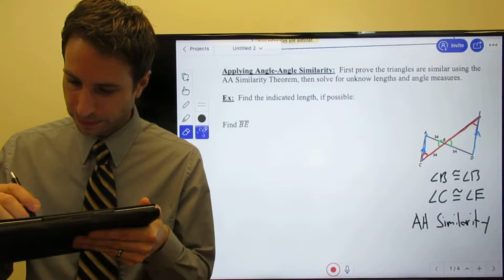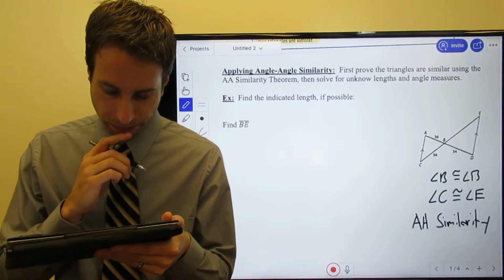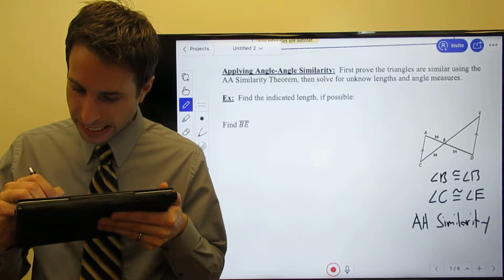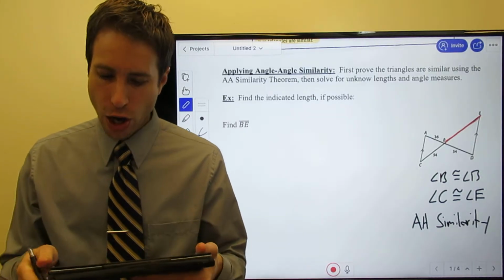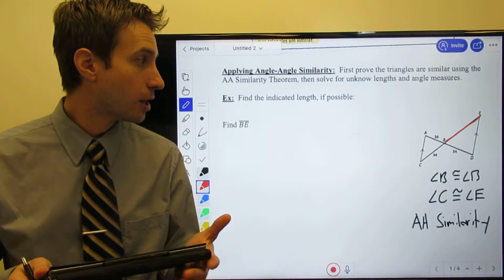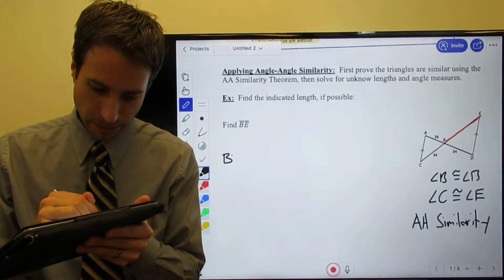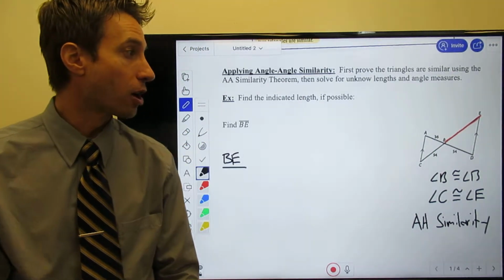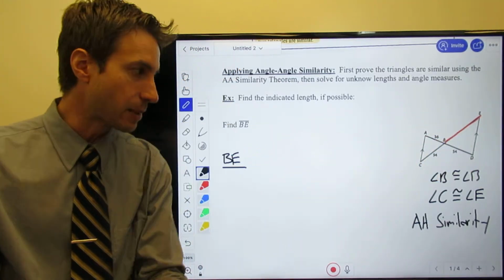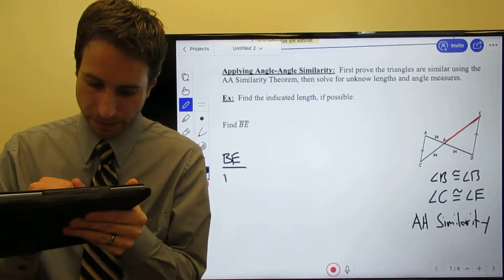Okay, here we go. Erase, erase, erase. What am I looking for? Well, I want to find BE. All right, right here. There's BE. So BE corresponds with which side? Well, if I take this triangle and rotate it so that it lines up with the other one, BE corresponds with side BC.